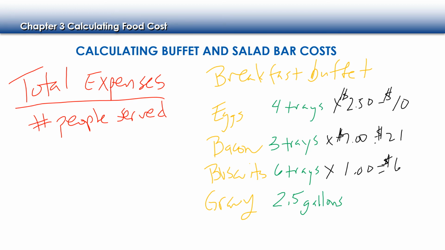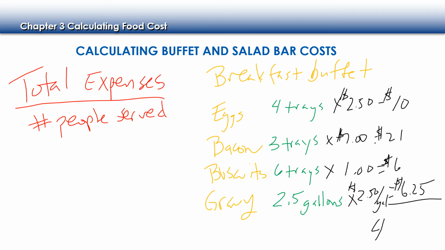And then let's say it's going to cost us $2.50 per gallon, and we use 2.5. So that's going to be, let's see, 2.5 times $2.50 is $6.25.